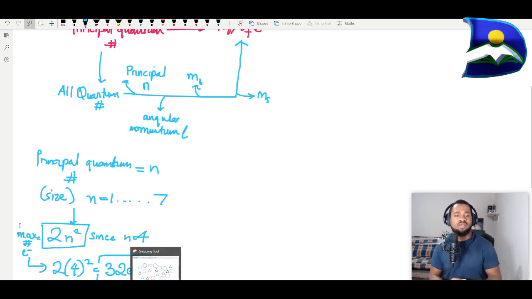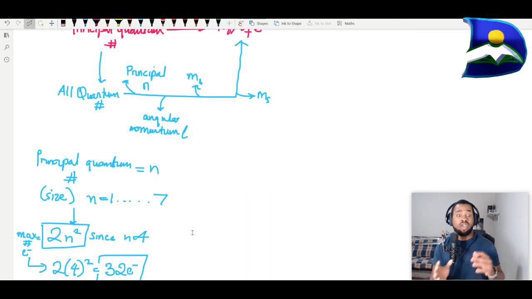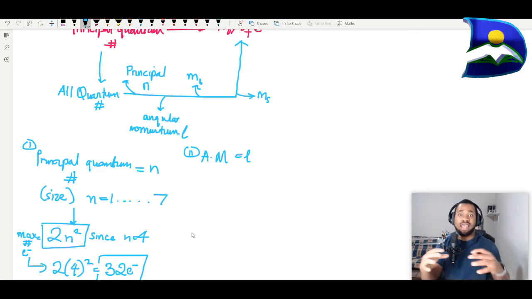If you feel that you're not sure how to approach this question using the principal quantum number, there is another way to go about it, which is the next type of quantum number, the angular momentum. Angular momentum is represented as L, and this shows you the subshells or sub-levels in the principal quantum number.